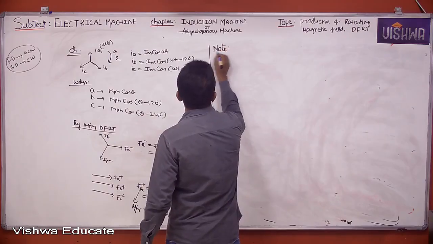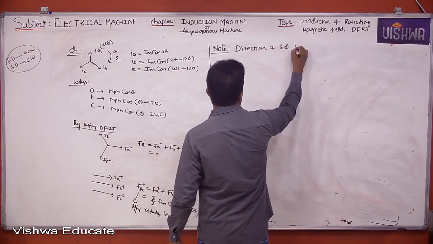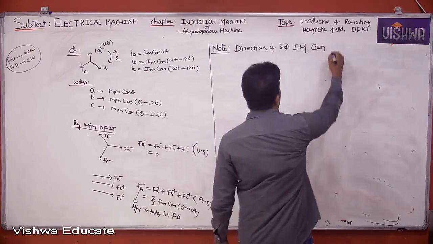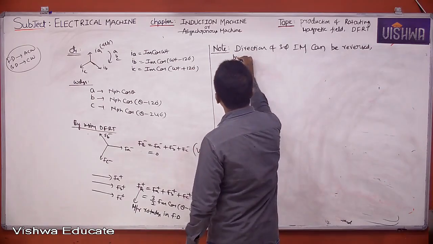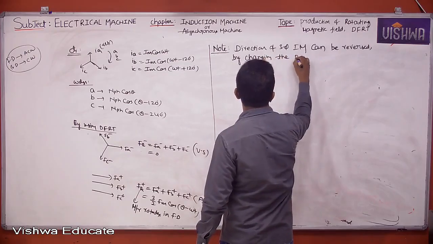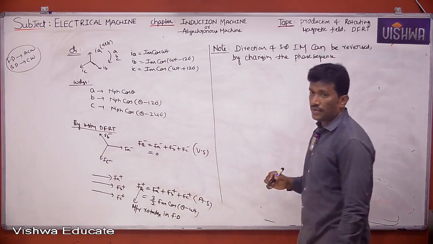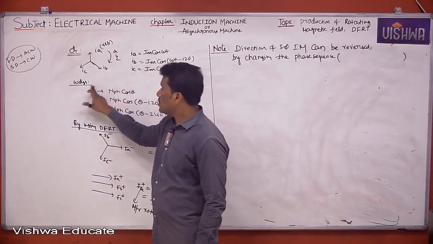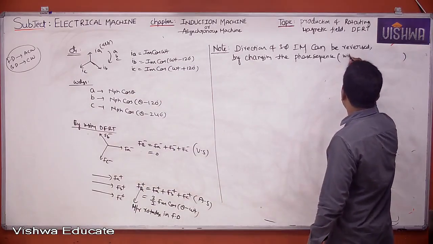Direction of three-phase induction motor can be reversed by changing the phase sequence. And write in bracket, we have to change only the phase sequence. We should not disturb the windings arrangement.